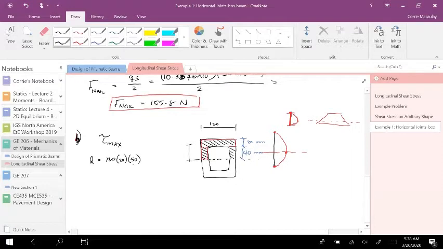That's all in millimeters. Then we need to add this area. So I'm going to say 2 times because there's 2 of them. But the area is 40 by 20, right? And what's my distance to the centroid of that area?